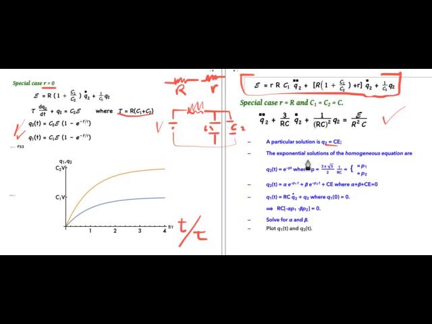All right. Now, I also need a solution of the equation with no inhomogeneous term. That will be of the form e to the minus p times t. And if I plug that into this equation and set the right-hand side equal to 0, I find p can be (3 plus or minus the square root of 5) over 2 times 1 over RC.